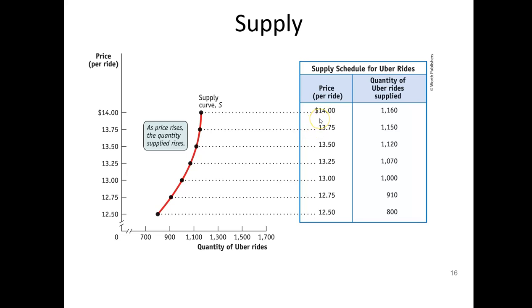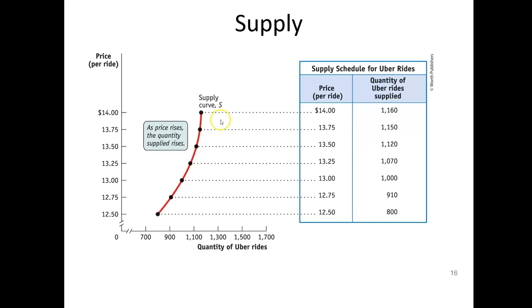But if I can get 14 bucks per ride, I'll be willing to put in some more hours, right? So the quantity that producers are willing to produce goes up as the price goes up, because the price is their revenue. Higher price is what the consumer has to give up. Higher price is what the producer gets. So higher price is a good thing, all other things equal, for the seller.